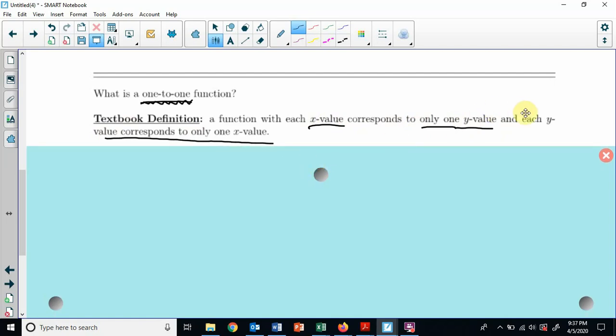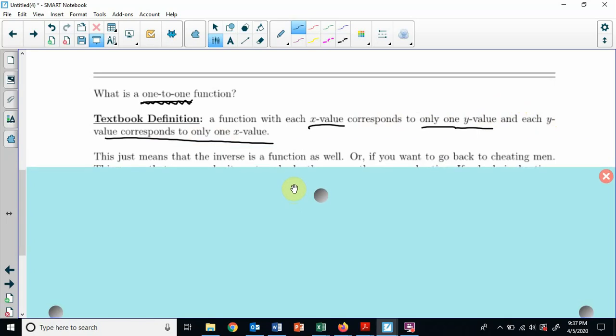It's just that we have this other piece. So a function, each x value is only related to one y value, right? A one-to-one function also means each y value is related to one x value. That means that the inverse is a function also. Okay, so it also is a function because you switch the x's and y's, and it's still, each input has only one output.